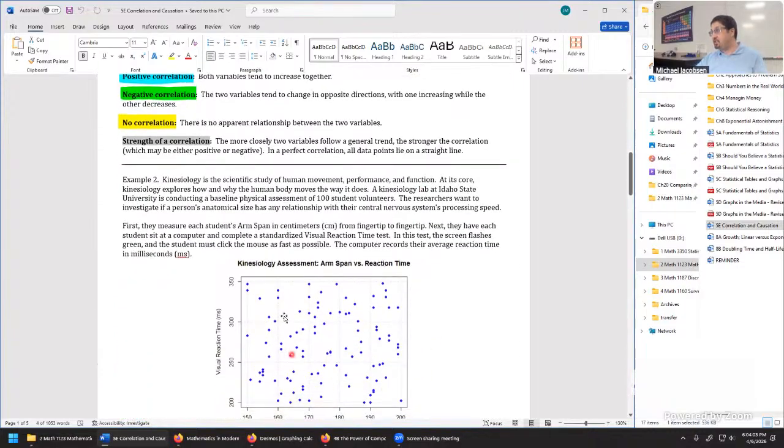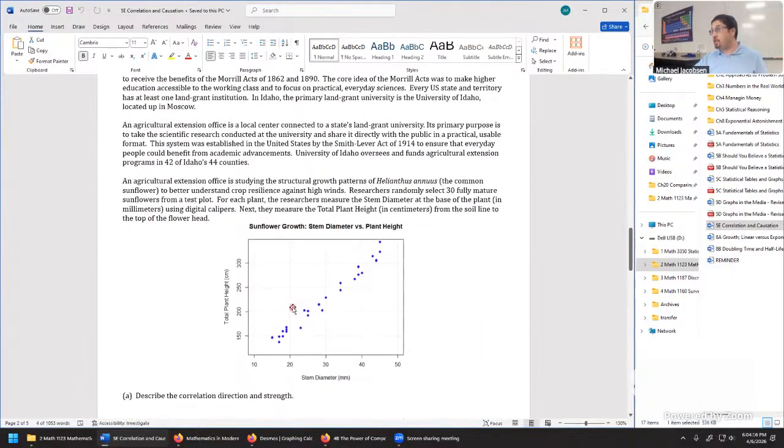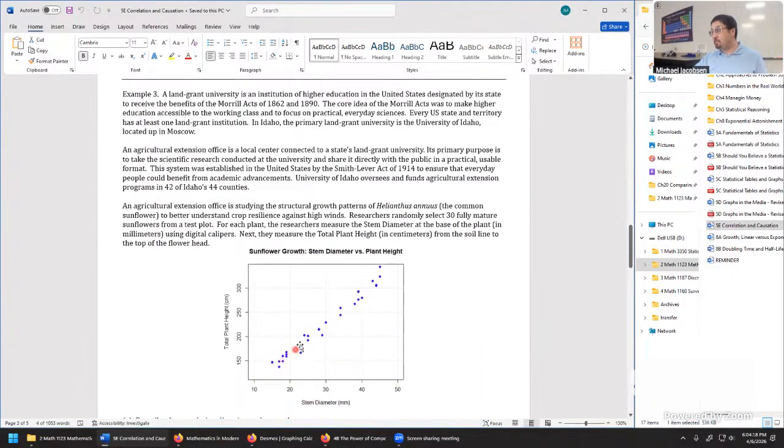Here we didn't have to assess the strength whatsoever because there is no correlation. And if there isn't correlation between the variables, we don't need to say how strong it is. There's just none whatsoever. But on our next graph, this one down below here, the dots are pretty tightly packed. So when we go to describe this relationship, we'll probably say it's a strong relationship.